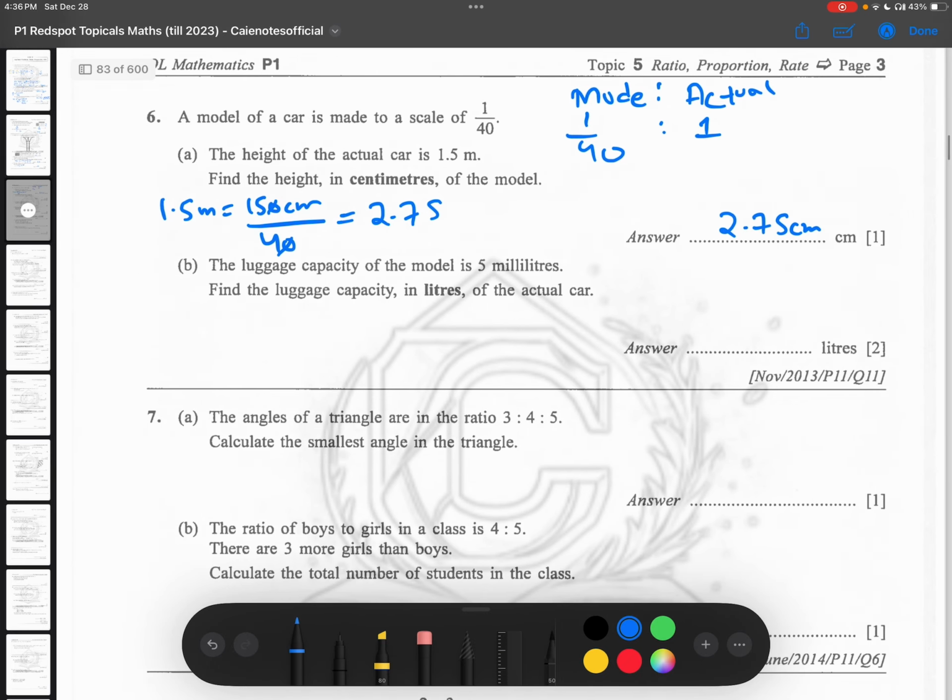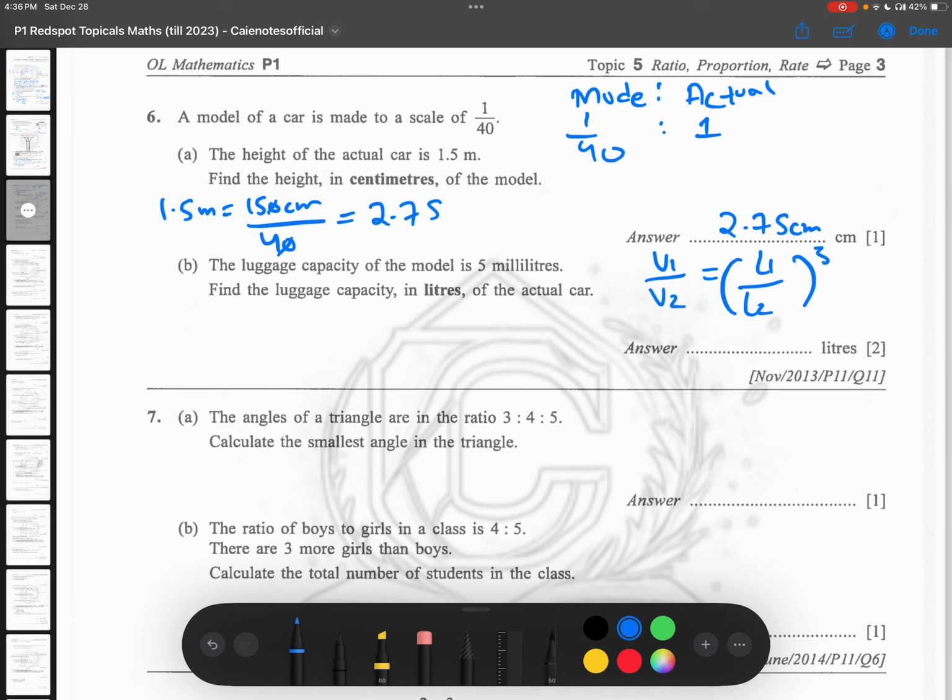Now part B says the luggage capacity of the model is 5 milliliters. Find the luggage capacity in liters of the actual car. Okay, so the luggage capacity is basically the volume, and we need to find the actual volume of the car. So the formula for the volume relative to length is V1 upon V2 is equal to L1 upon L2 whole cube.